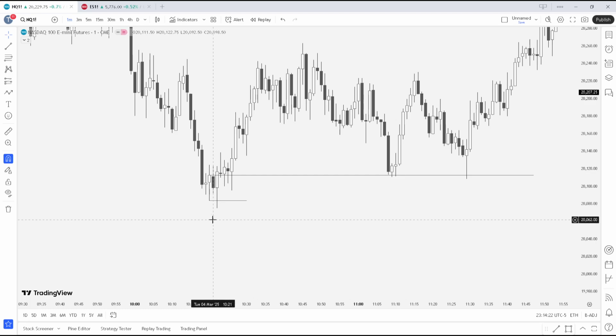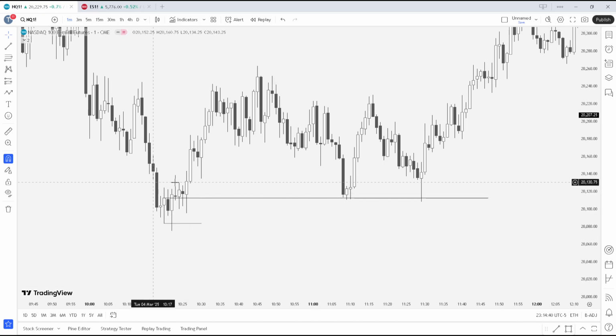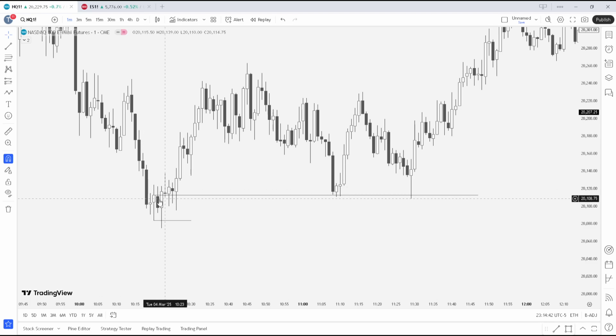So however you want to find your breaker, you can use it to get the same result. This is a breaker block no matter how you try to find it, as long as you use the correct method. And you can see here we close above, so that's when the breaker becomes active, I guess.